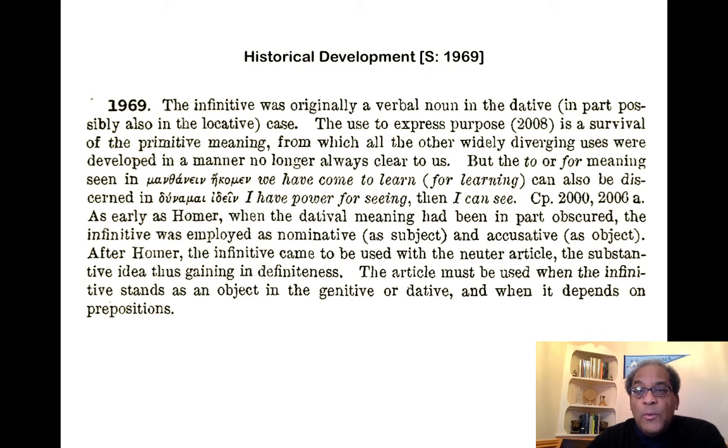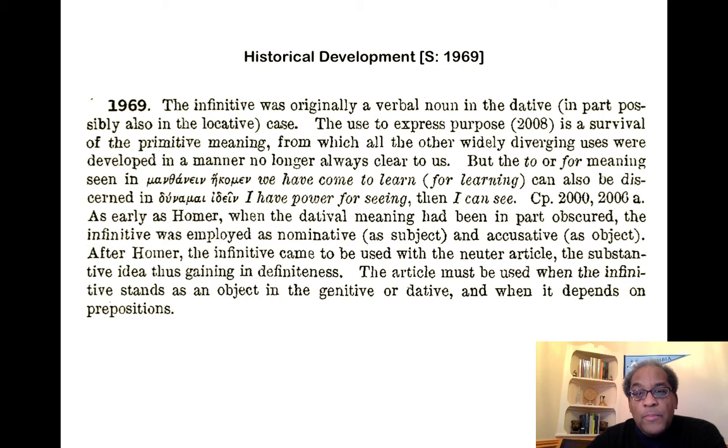But the dative meaning, "to" or "for," seen in μάθειν ἥκομεν, we have come to learn, we have come for learning, can also be discerned in δύναμαι ἰδεῖν, I have the power for seeing, and then I can see.